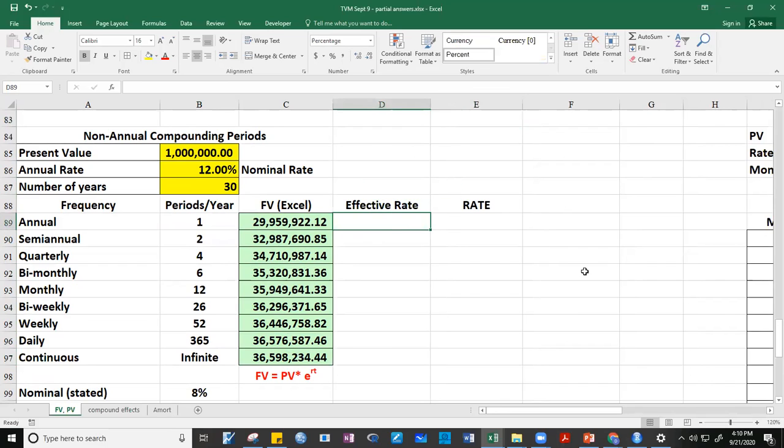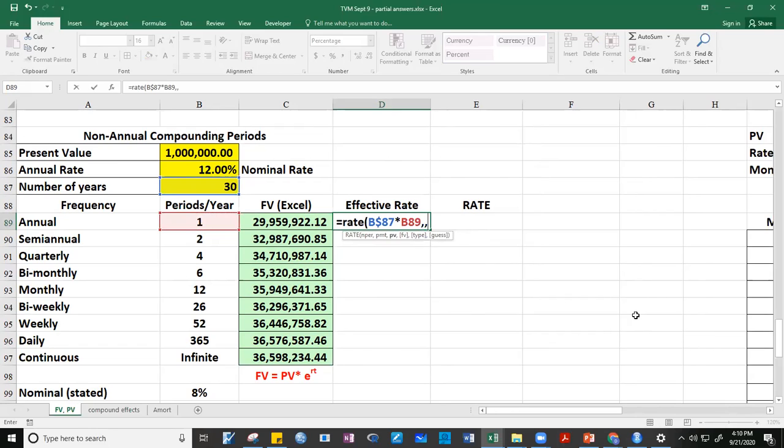So how do we compute for that? We can use the RATE function. The NPER will be 30 times the periods. This is not a PMT.